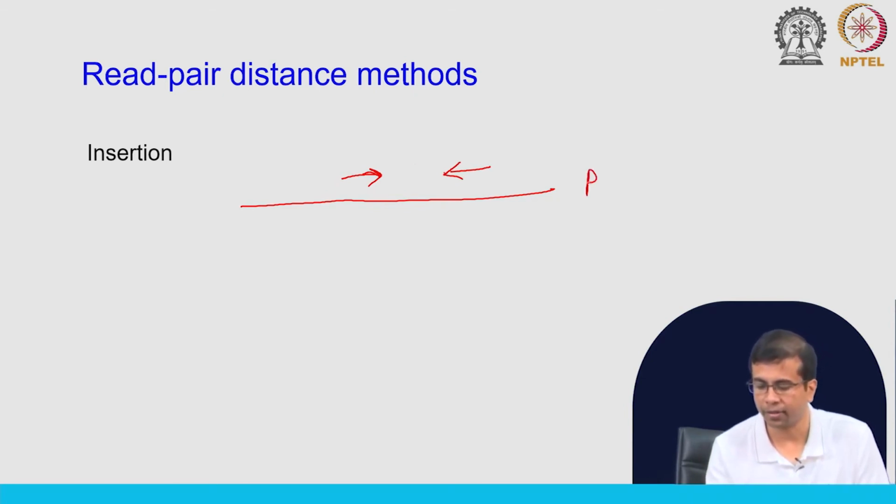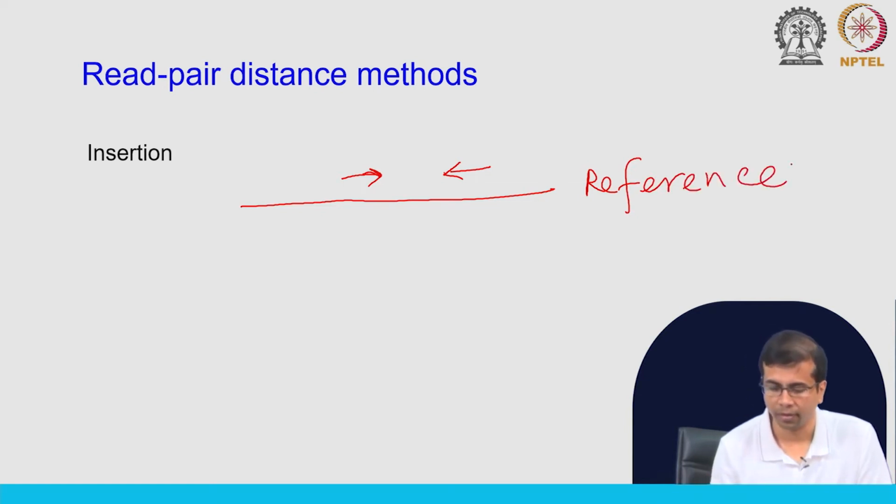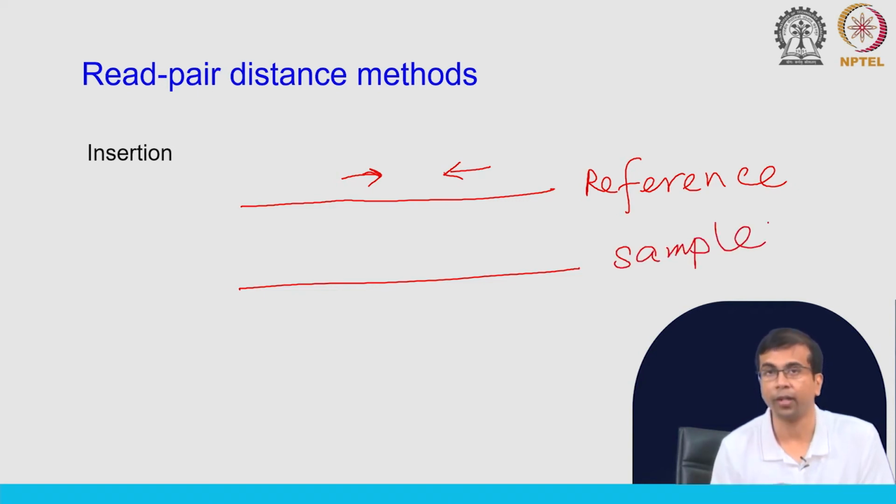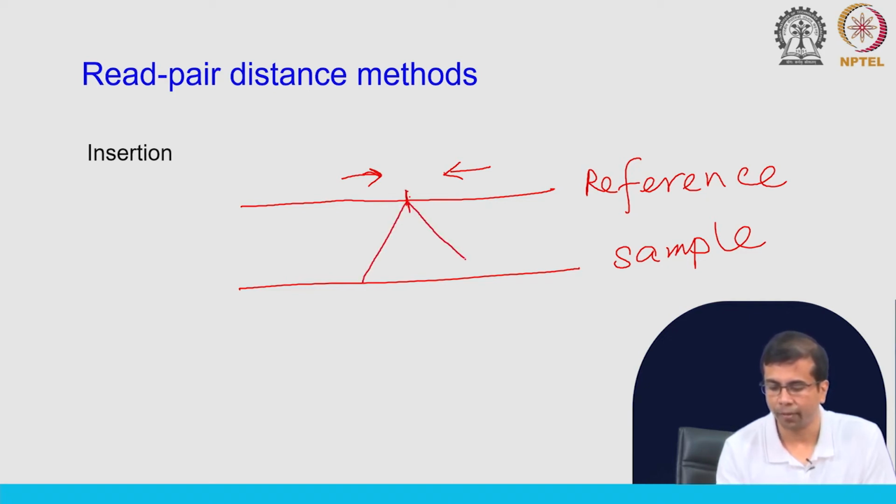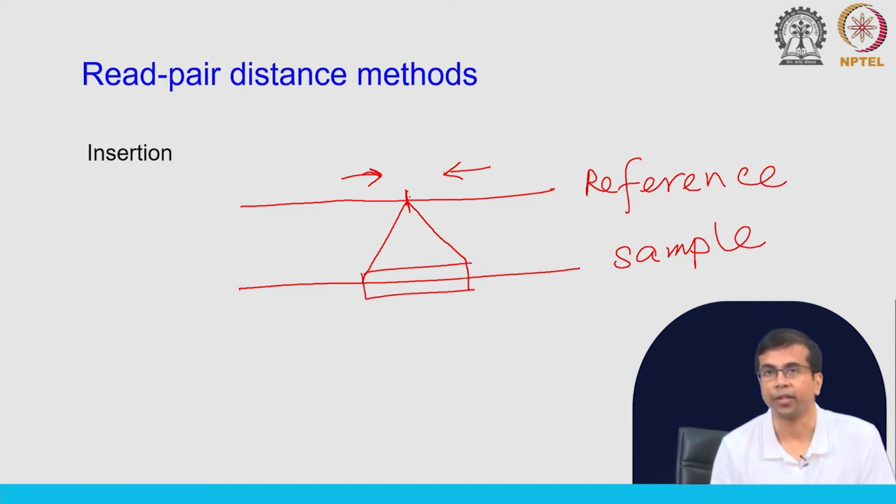So, this is the reference, and then we have the sample genome. This is our sample that we are working with, and now imagine at this position we have an insertion in the sample.